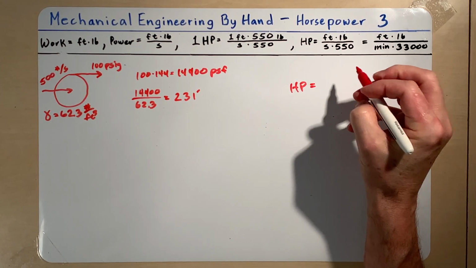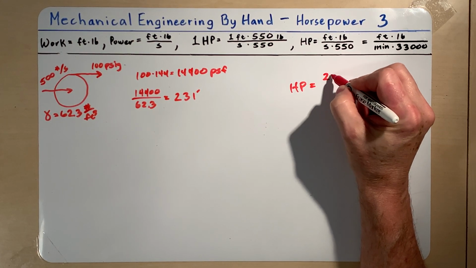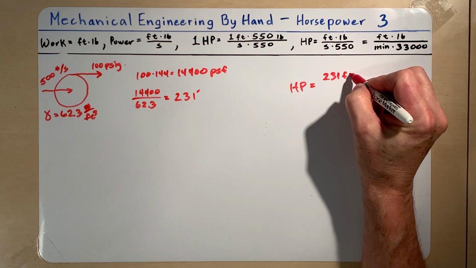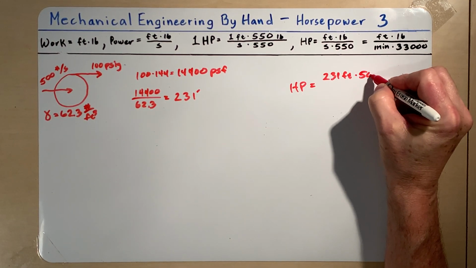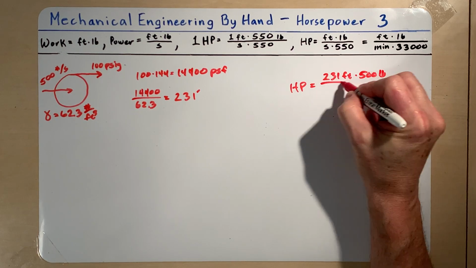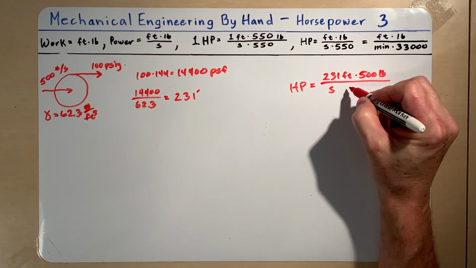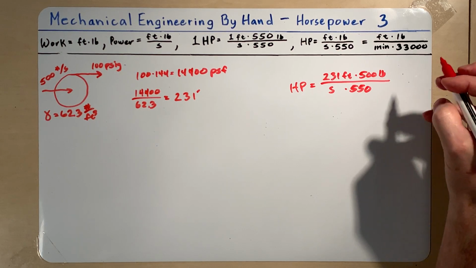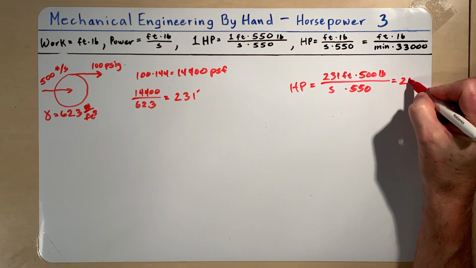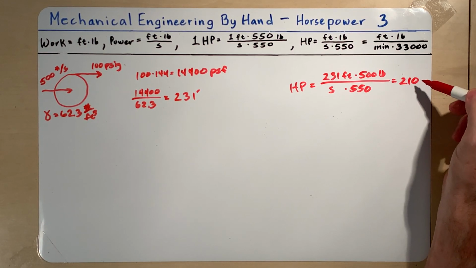And plugging in our numbers, we have 231 feet times 500 pounds per second divided by 550, and that equals 210. And that is actually the horsepower imparted to the water itself.